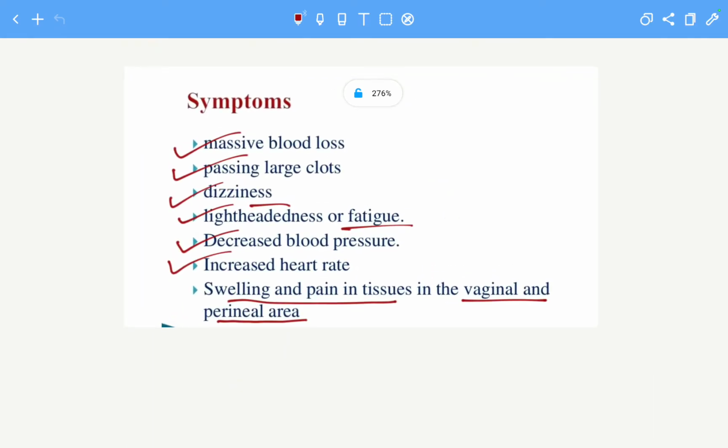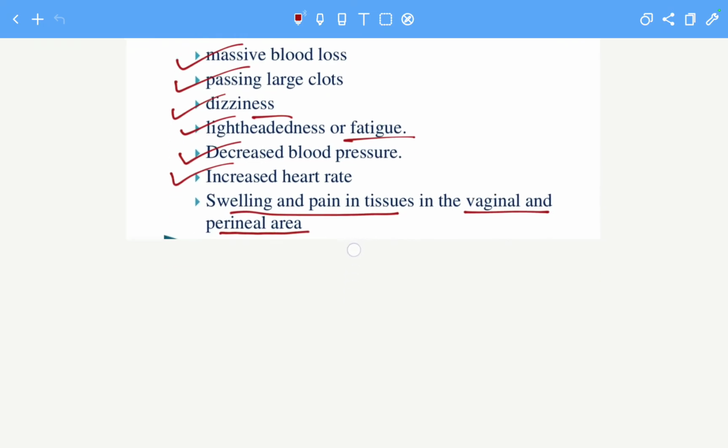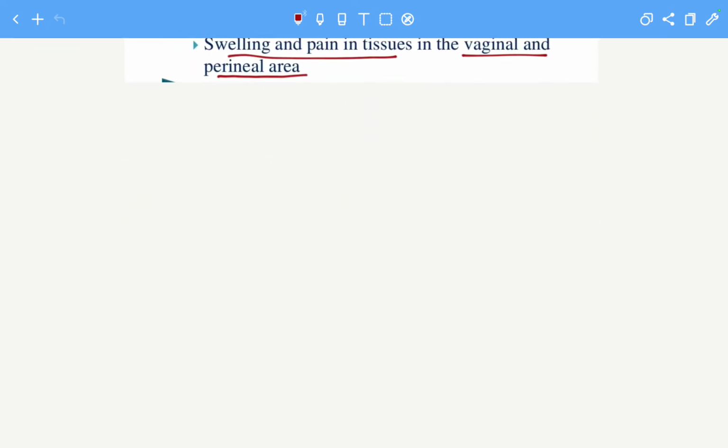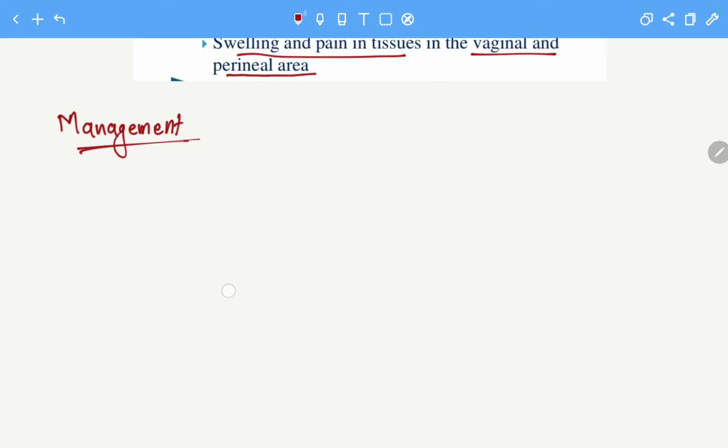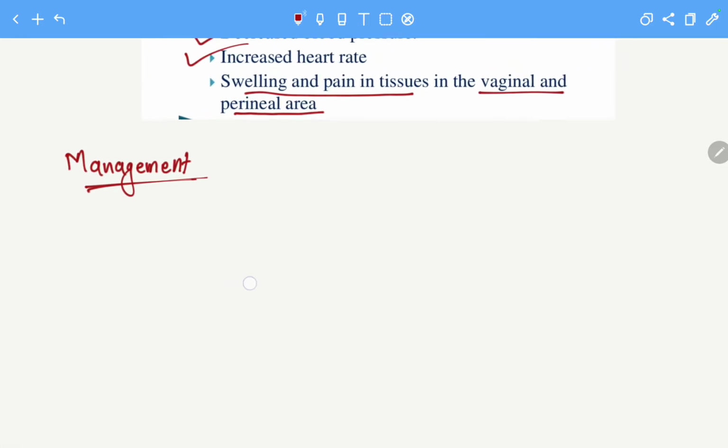What is the next thing that we are going to discuss here? We are going to discuss the management part. Okay, so the management is very important here. So before discussing the management, let's recall the whole topic of PPH.